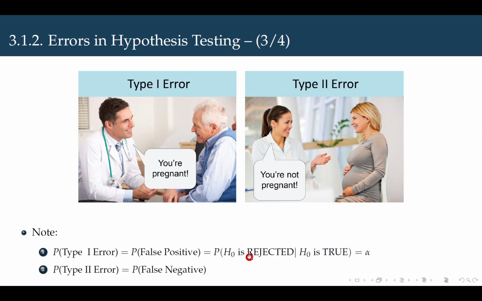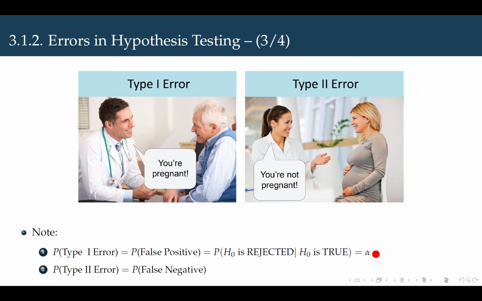So the probability of false positive is nothing but the probability of rejecting H naught, which is actually true. That is alpha, the probability of committing this type 1 error. For this picture or image, H naught states there is no pregnancy. No pregnancy is true for this person, but the doctor rejects it. Therefore, he is committing type 1 error, or the probability of committing type 1 error here is alpha.